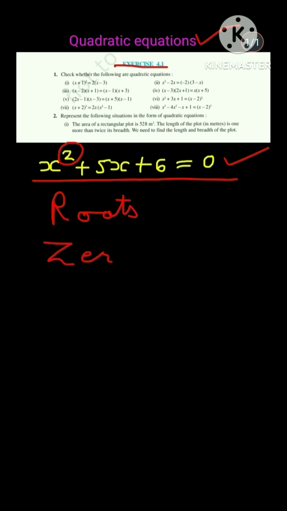Besides this, one important thing: after solving the quadratic equation, we can obtain two values of the variable, right? And those obtained values of the variable are also known as roots of the equation, or zeros of the equation, or solutions of the equation, right?